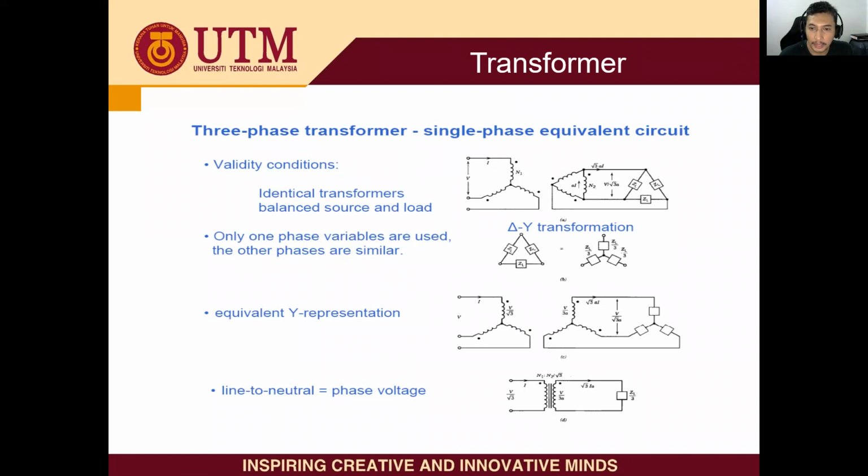Also for the voltage, the voltage across each element here also needs to be divided by 3. So this is the equivalent Y connection after the transformation. Once this has been done, you can build your single phase equivalent circuit as shown here.